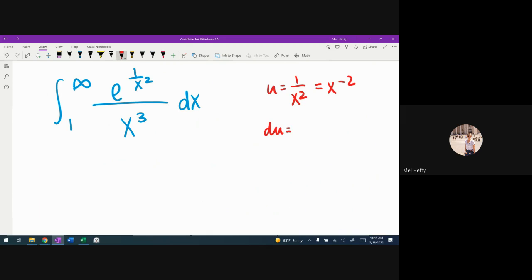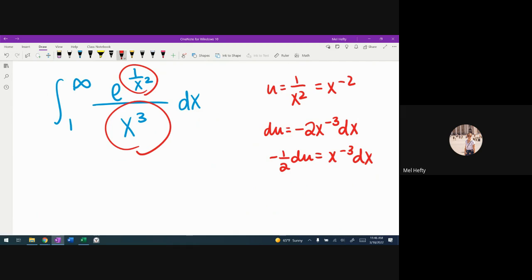Why? All right, help me out. What's the derivative of x to the negative 2? I don't have the negative 2. Where's the x to the negative 3? This is the x to the negative 3.